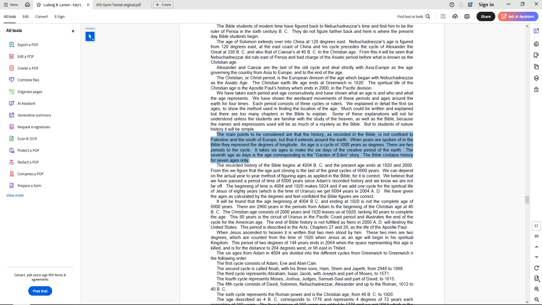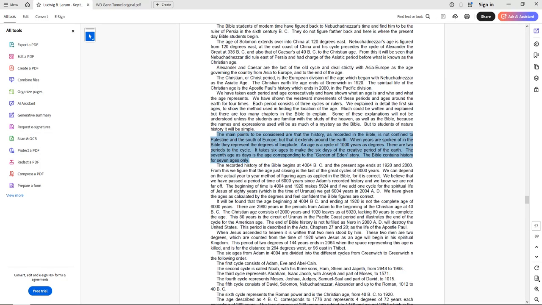Reading through this chapter, there's a really important paragraph here where Larson tells us the main points to be considered are that the history as recorded in the Bible is not confined to Palestine and the south of Europe, but that it extends around the earth. When years are spoken of in the Bible, they represent the degrees of longitude.